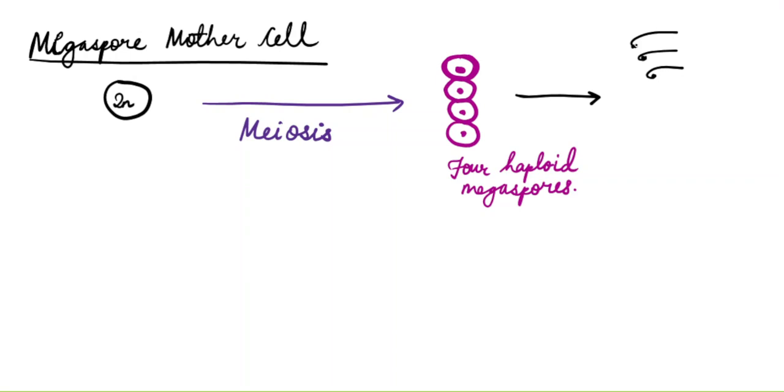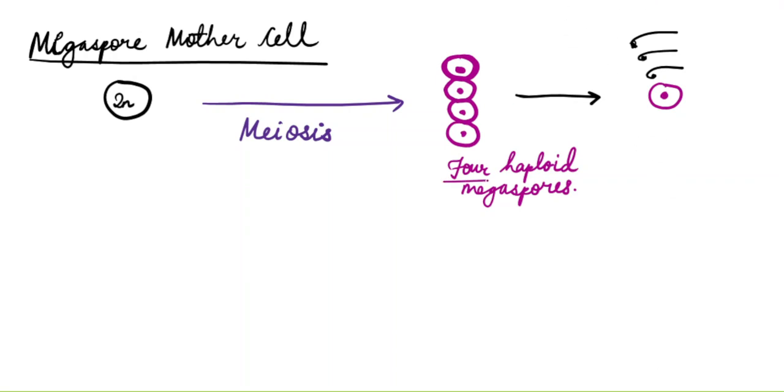So you can show it. Here we can't say where the chalazal end is, because we have not taken any reference. But suppose I take the upper side as the micropylar region and the lower side as the chalazal region, we can draw one megaspore here.